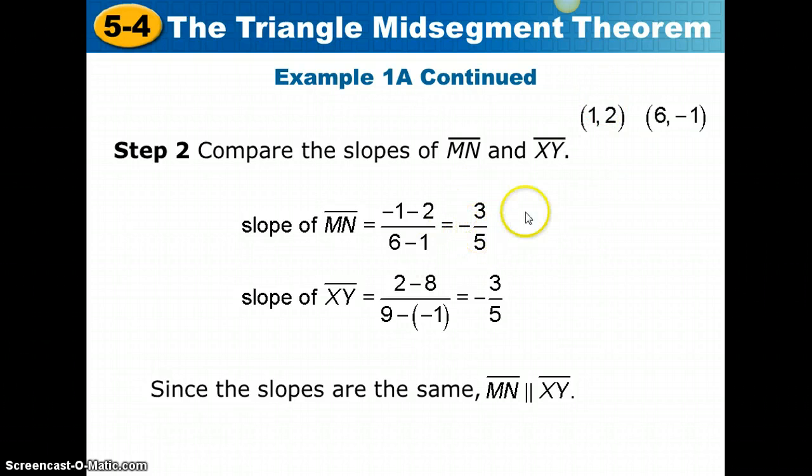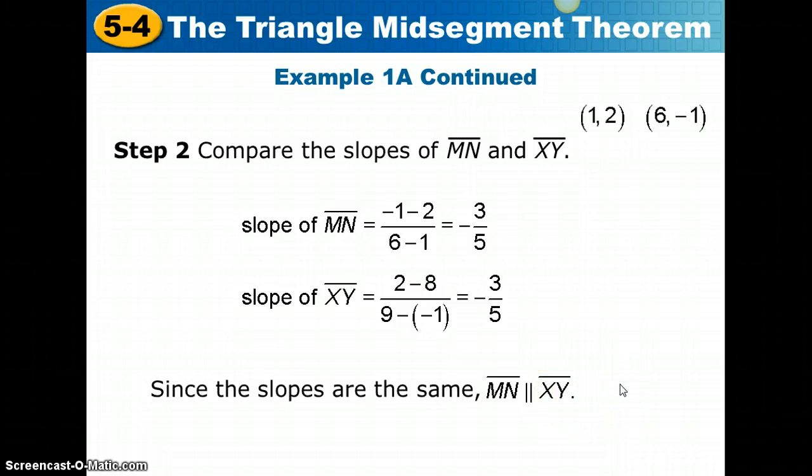That's -3/5. And if you go back and look at the coordinates of XY, we would do 2 minus 8 and 9 minus -1. Well, 2 minus 8 is -6. And 9 minus -1 is +10, so -6 over 10 simplifies to -3/5. So these also have the same slope. So we can say, since the slopes are the same, MN is parallel to XY.